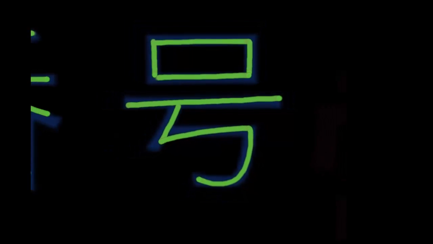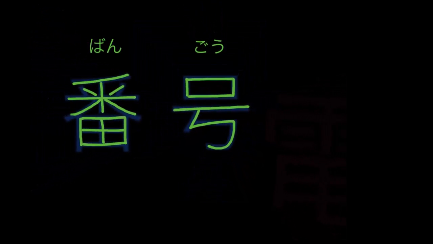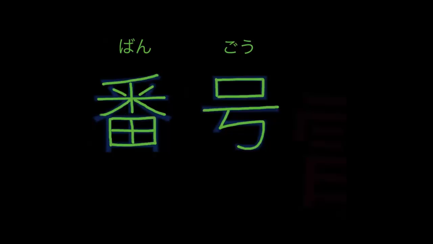The only thing is we're going to make that bend just there a little bit squarer than we would in an actual 5. And of course our top stroke there is going to extend a little bit further than it normally would. So there we have mouth on top, the number 5, and that means number, and we're going to add it to ban to give us bango, number from telephone number.